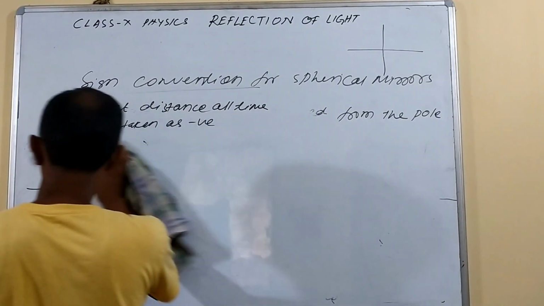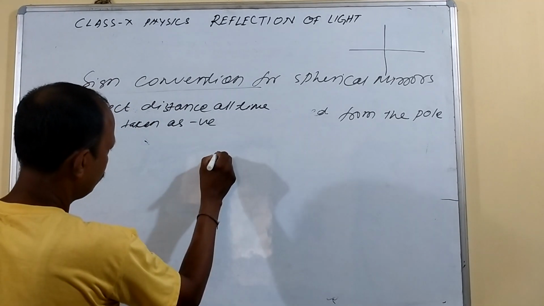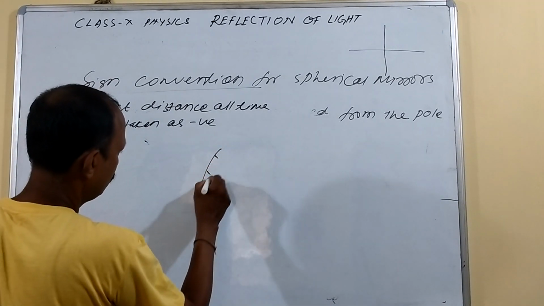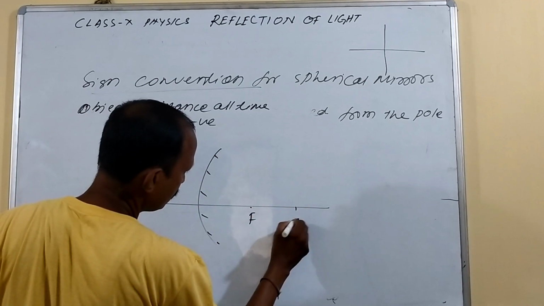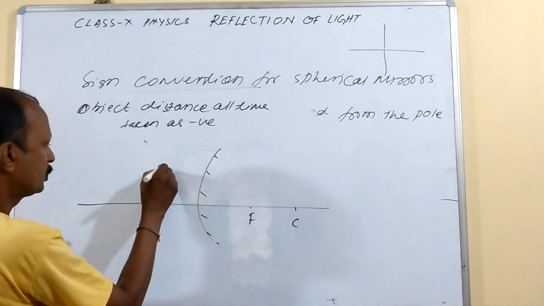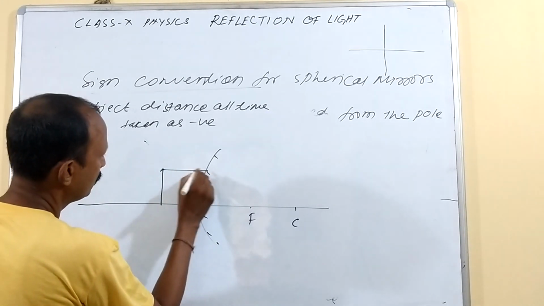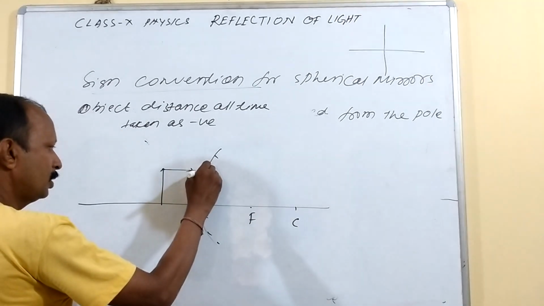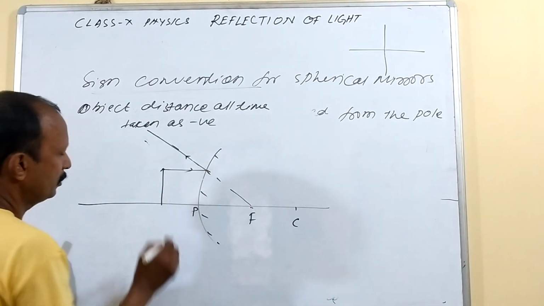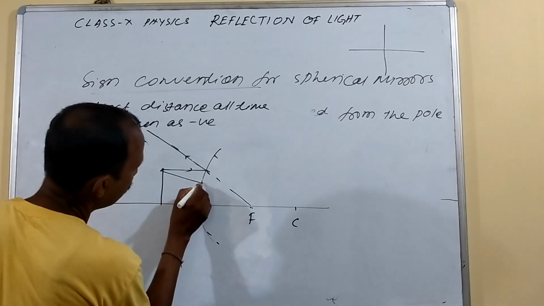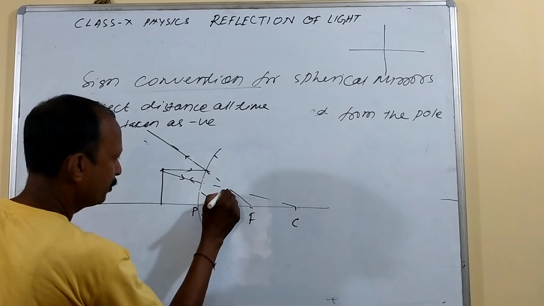See here. Suppose convex mirror. This is the convex mirror. This is focus. This is center of curvature. Suppose object is here between pole and infinity. This is the incident ray. So this is reflected ray. Similarly, here incident, reflected. That means this image is formed here.